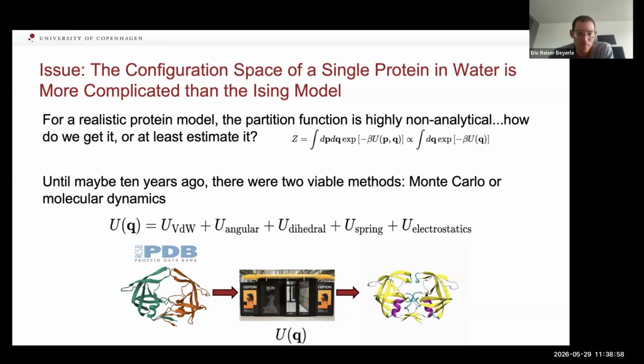And so for, however many years, I forget when MD was developed for proteins, maybe in the 70s, so for the past 50 years or so, we've had these Monte Carlo and molecular dynamics methods.